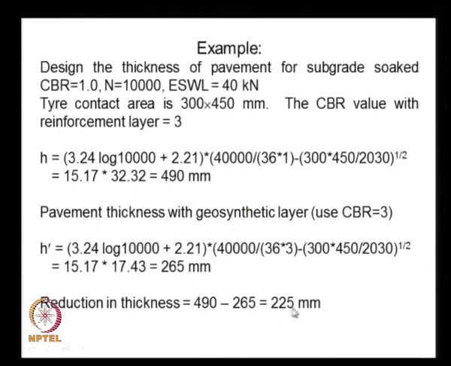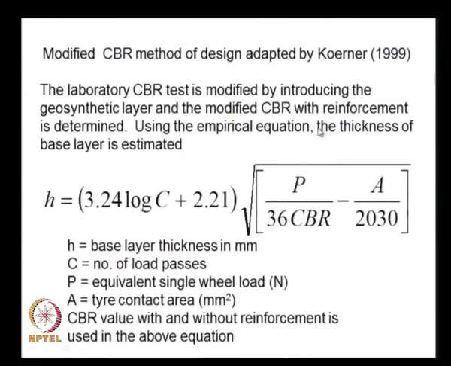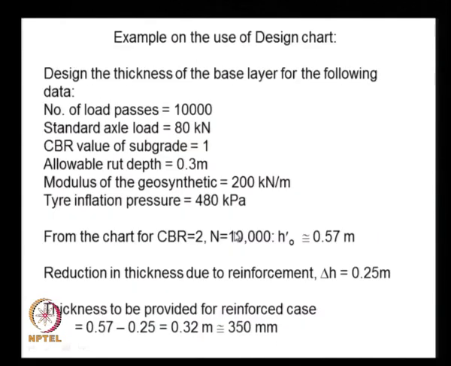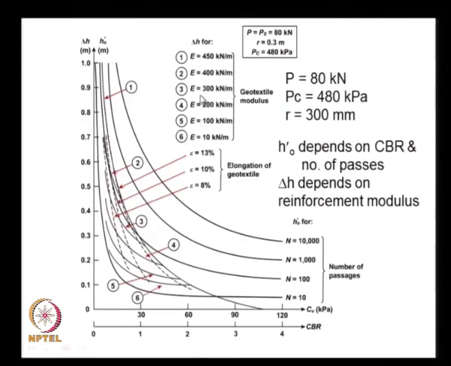So, it is a substantial reduction in the thickness. So, by either using this modified equation or this design chart, we can estimate the thickness of the pavement for both the unreinforced case and the reinforced case.